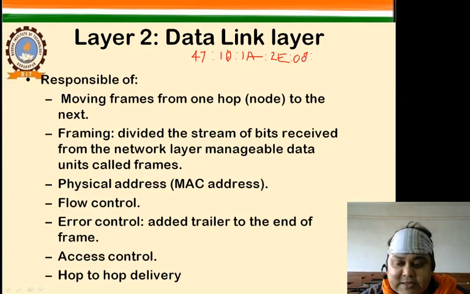Again we put a colon and we write EE. This is the physical addressing.